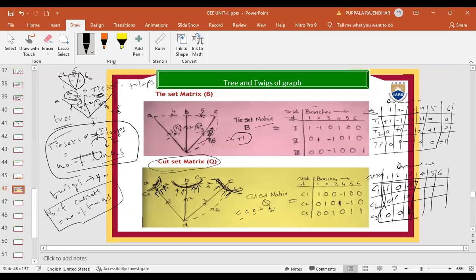In the case of the tie set matrix also, you will get the unit matrix at the end. Why are you getting a unit matrix here?